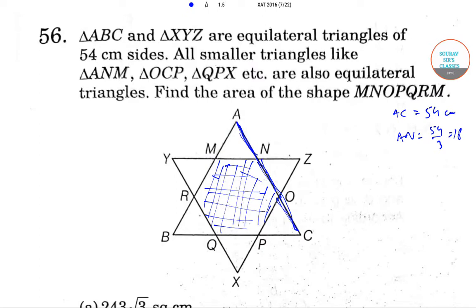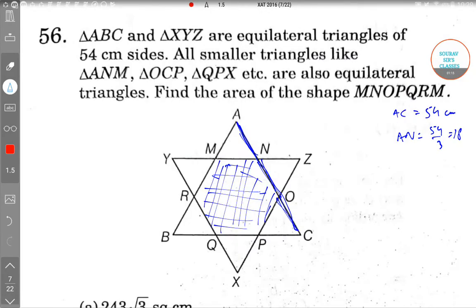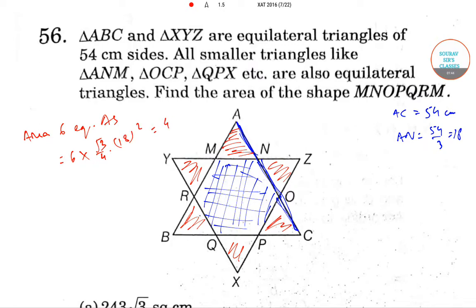So area of these 6 equilateral triangles, let me shade it with a different color so that you know it, is equal to 6 into, and area of an equilateral triangle is root 3 by 4 a squared. So root 3 by 4 into 18 squared. This comes out to be 486 into root 3.